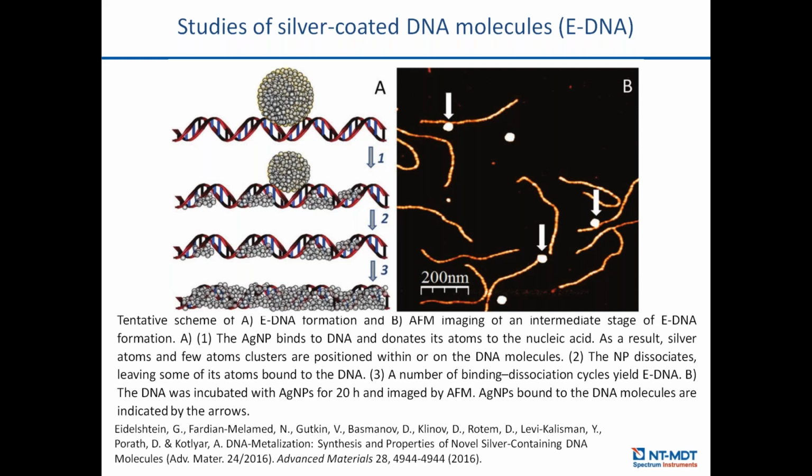In this case, these DNAs were used as skeletons for conducting nanowires filled with silver, and the morphology studies of the sample could explain how the silver clusters go inside this molecule.